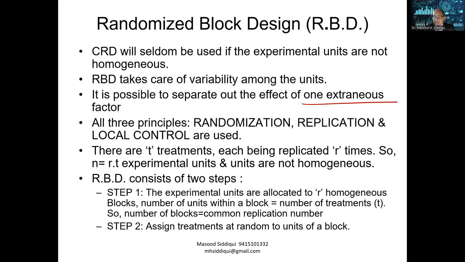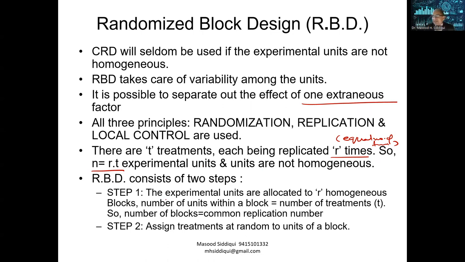So suppose there are three treatments and each treatment is being replicated r times, meaning each treatment is repeated an equal number of times. So there will be n equal to rt experimental units, and these units are not homogeneous. So this is the field that we are getting. Now, RBD consists of two steps. First, we have to create the blocks which should be homogeneous, and after that, in each block, we will be assigning the treatments.